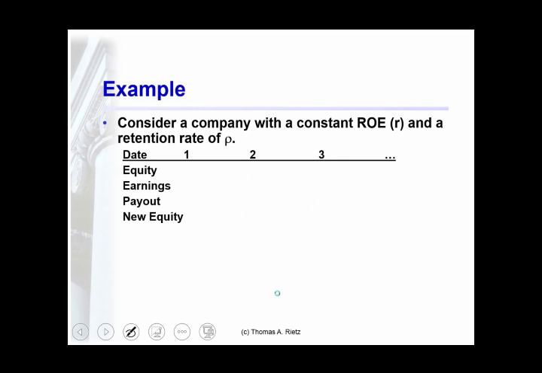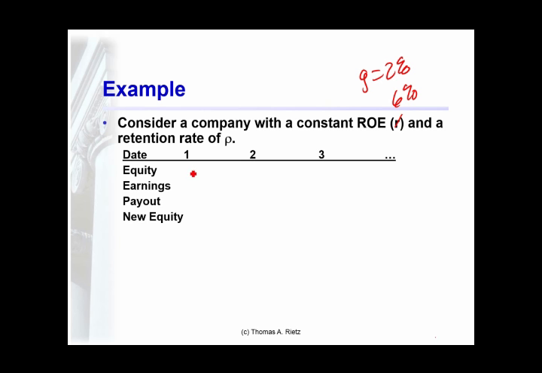For example, suppose you had a company with a constant return on equity of, say, 6%, and you want to create growth in the company of 2%. This means that you need to retain in the company a third of your cash flows every period. So let's see how that works.